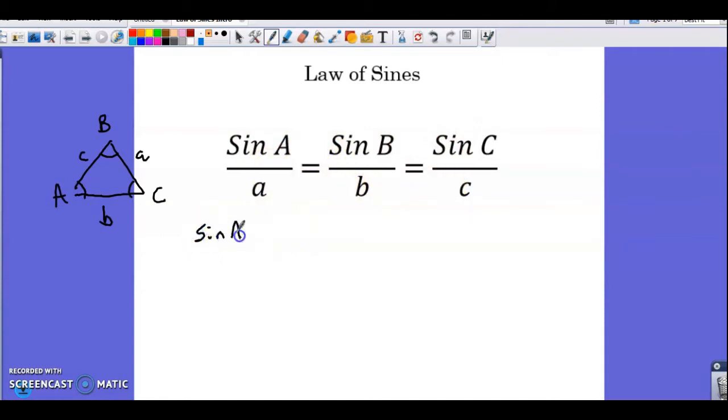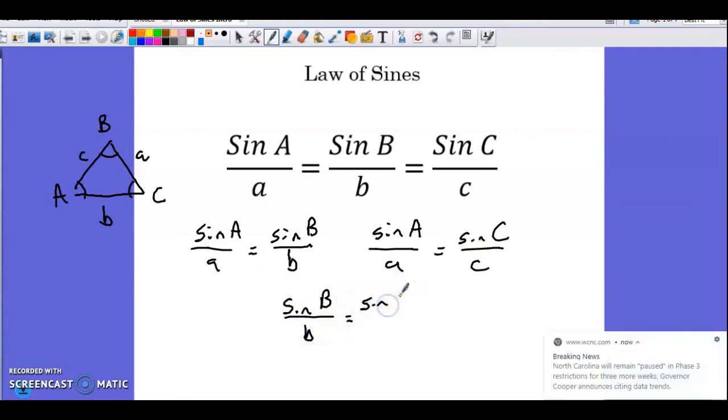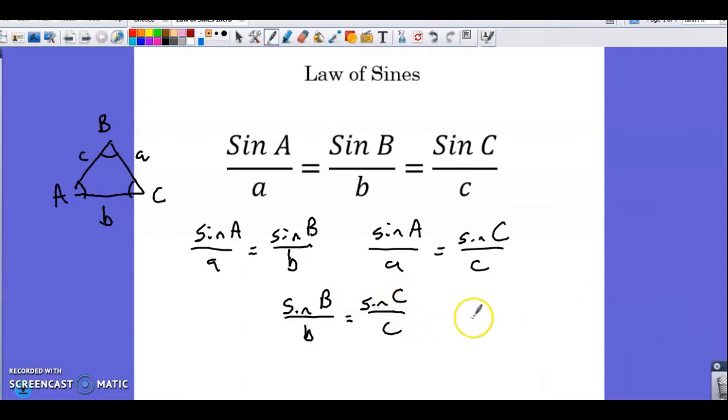You could say the sine of A over A equals the sine of B over B, or the sine of A over A equals sine of C over C, or the sine of B over B equals sine of C over C. And each one of these can be solved depending on which information you're given.